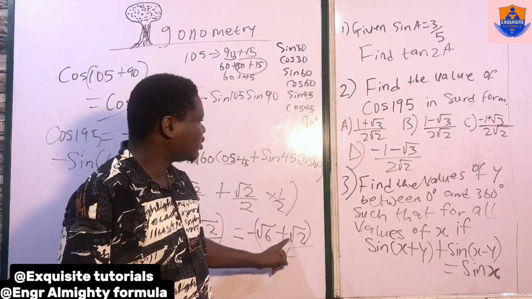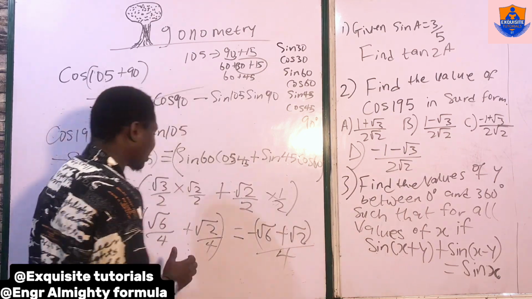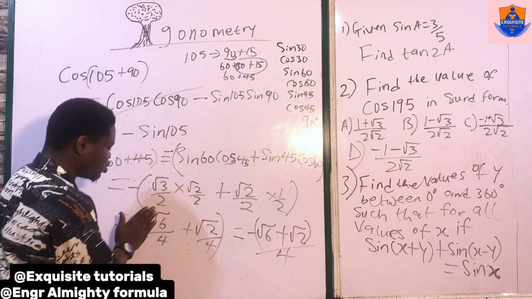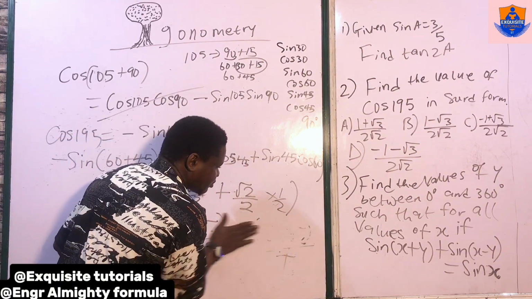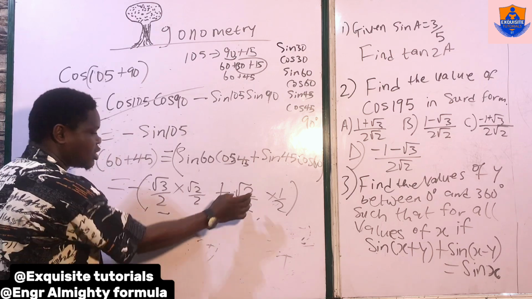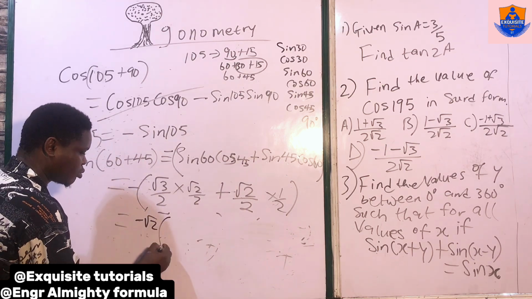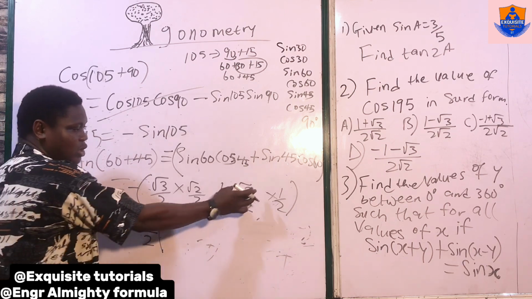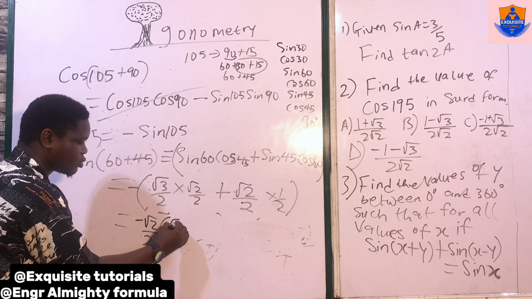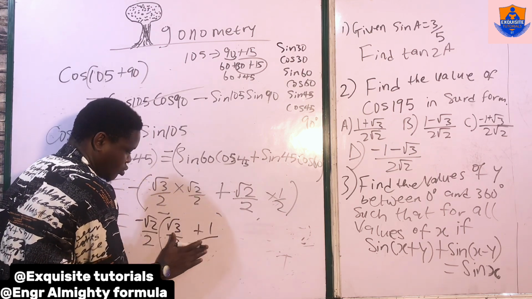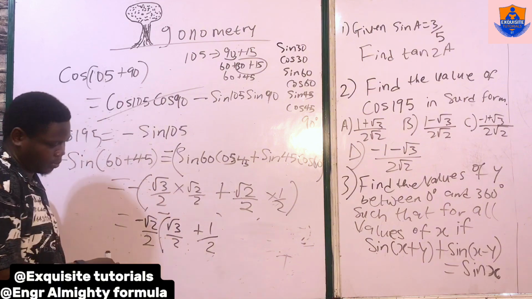We have negative, this is it. So remember that there was root 3 times root 2. So what I'll do is, I will start from here again. If I bring out this root 2, I will have minus root 2 open bracket over 2. I brought out root 2 over 2. I will have root 3 over 2 plus 1 over 2.